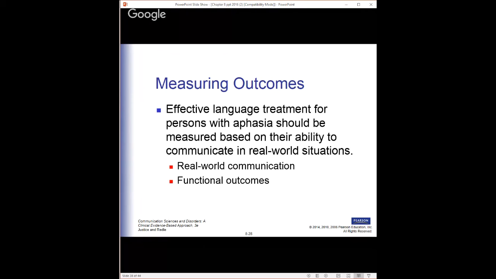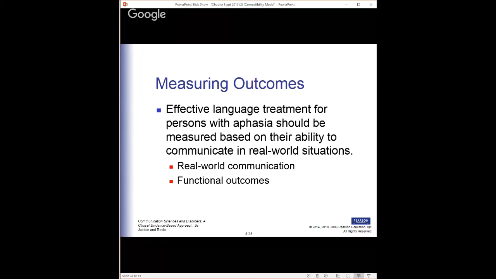In order to get paid for your services, a lot of times third-party payers for these types of services are going to emphasize the need for treatment to address real-world needs. For instance, Medicare, which is one of the largest payers, their guidelines focus on communicative interventions that enable individuals to communicate basic physical needs and emotional states and carry out communicative interactions in the community.